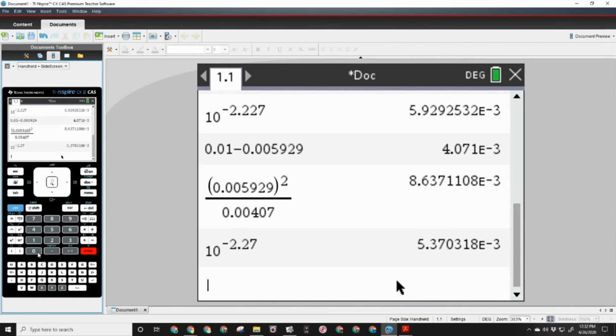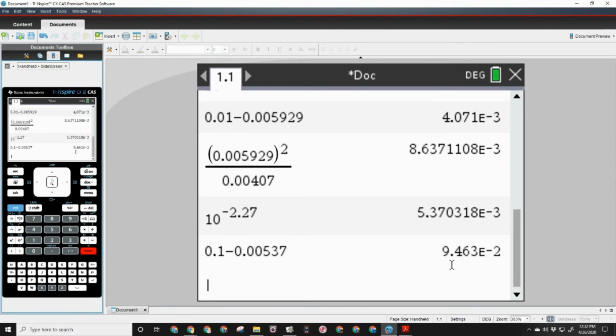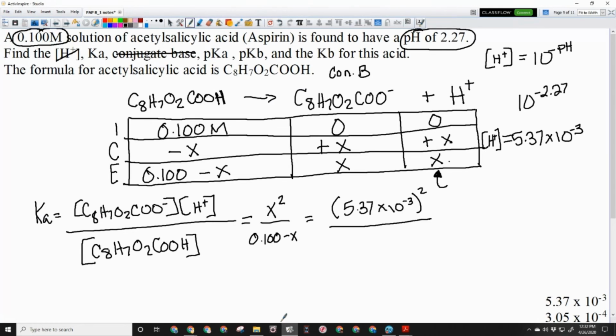So we have 0.10 minus 5.37 times 10 to the negative third. We get 9.46 times 10 to the negative 2.